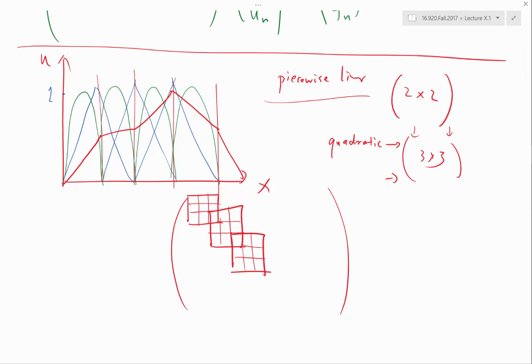You get a pentadiagonal matrix, right? But still, it's very sparse because the most number of non-zeros for each row is what? 5, right?